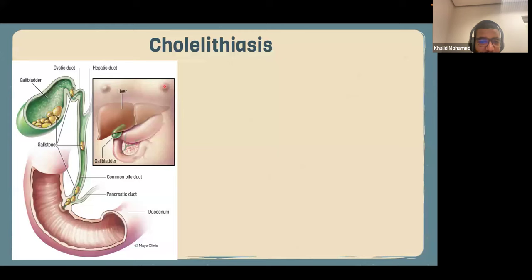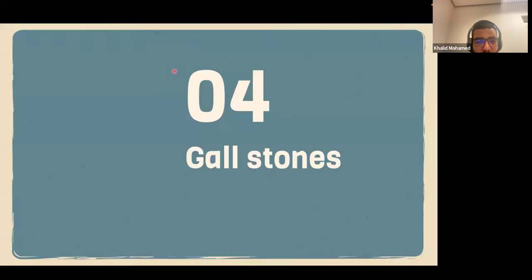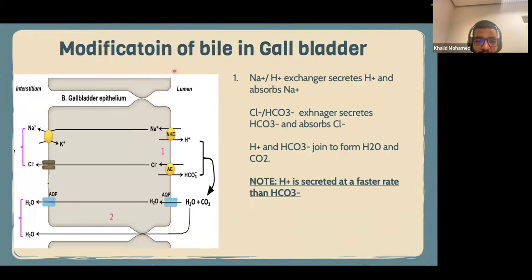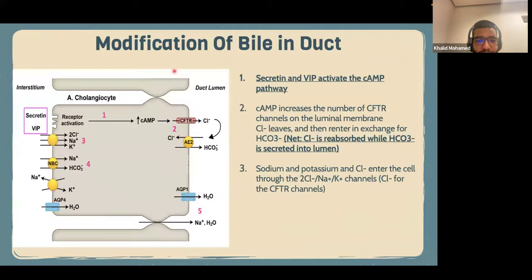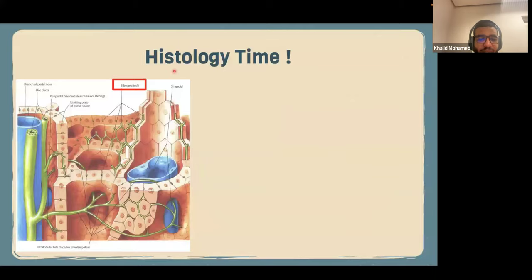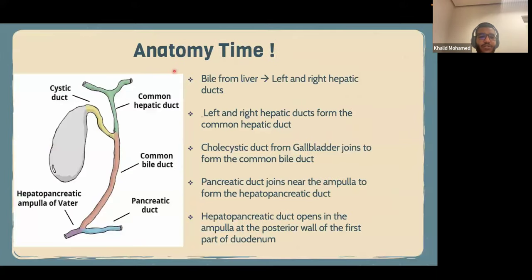Okay, so now this is a very important concept. Gallstones can happen in different parts of the hepatobiliary system. Okay, and depending on that part, you'll see different symptoms. So, we can have gallstones in different places.